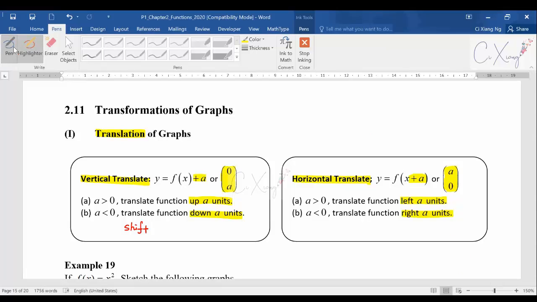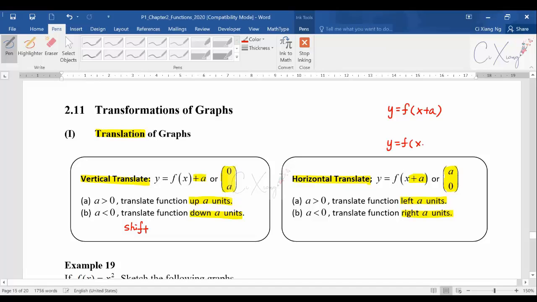Okay, if you feel a bit confused here, then usually I will tell students, maybe you can separate it into two parts like this. One is f(x plus A), and then this one is f(x minus A). When you write it out, it will become negative A and 0. And when you write out this one, it will become A and 0.